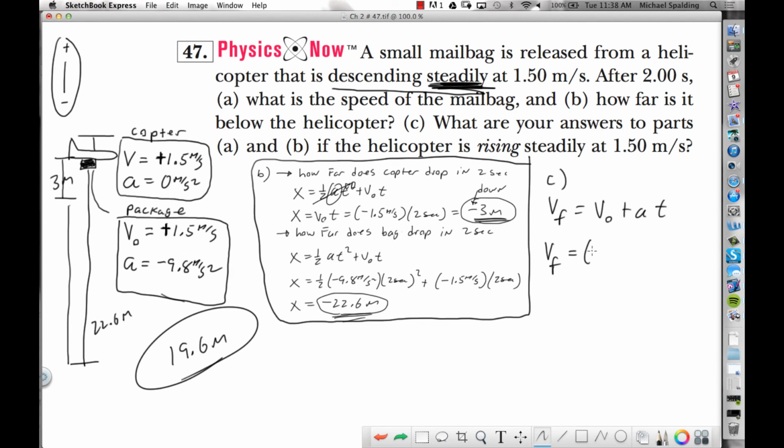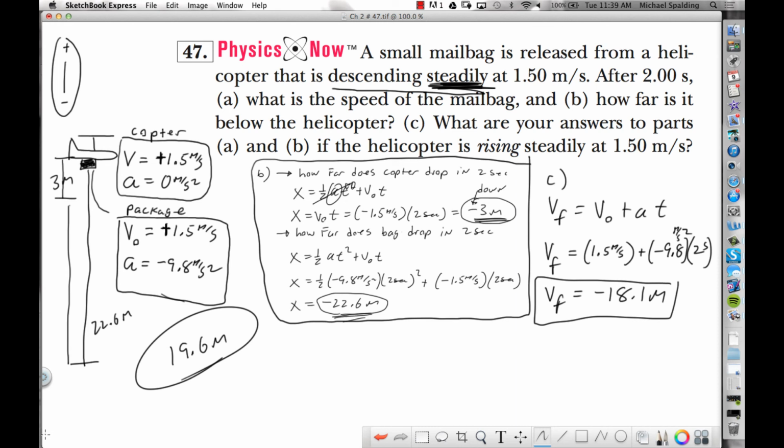So V initial is positive 1.5 meters per second. Acceleration's negative 9.8. I'm going to leave the units off here because I'm out of room. For 2 seconds, like that. So then V final comes out as negative 18.1. Okay, that's if the velocity were initially up.